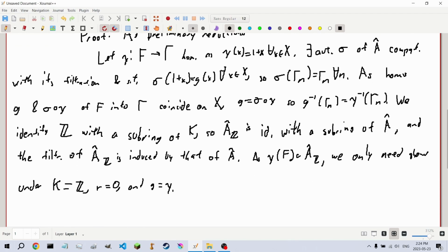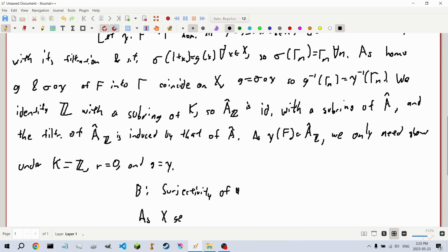Alright, next up, we're going to show part B, the surjectivity of alpha.